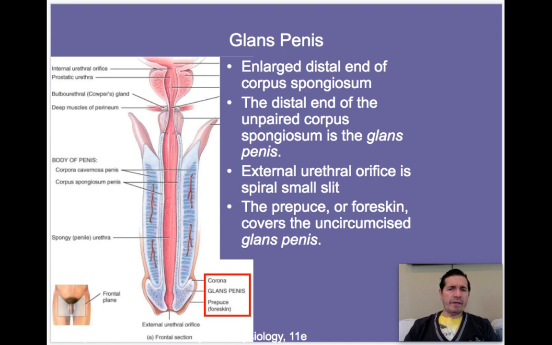I want you to think about that a second and realize that the male reproductive system has a lot going for it. Now, one of the things that you'll notice, and I want you to understand, it may seem like the male is more complicated because there's a lot more structures than the female, and that may be true.